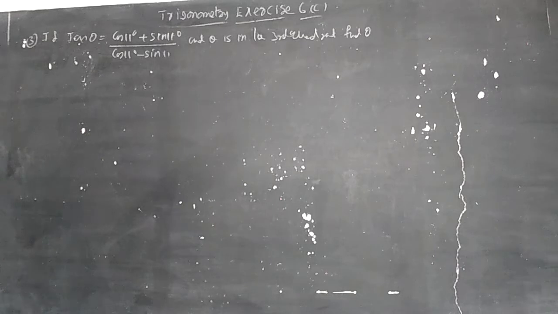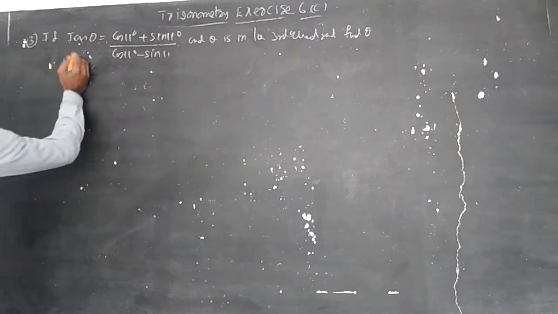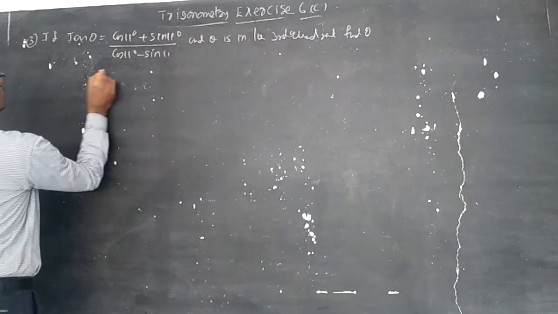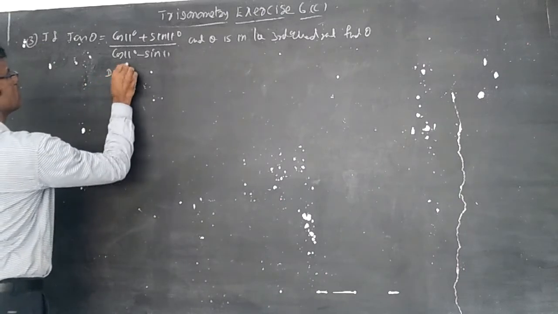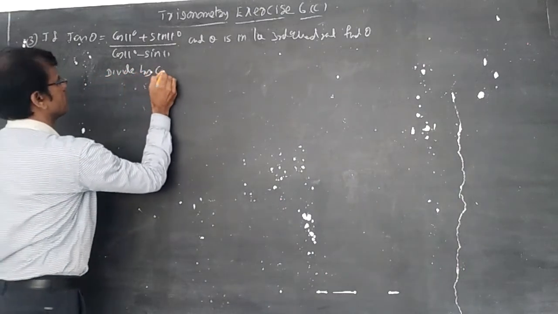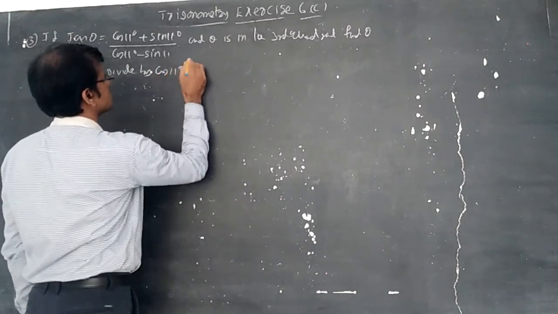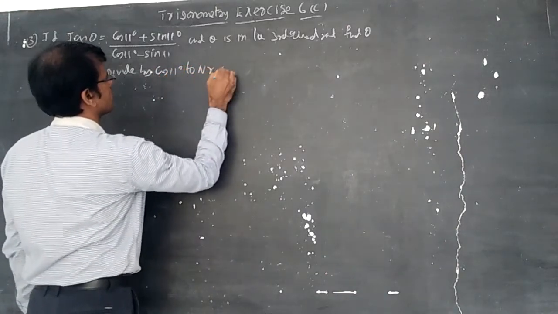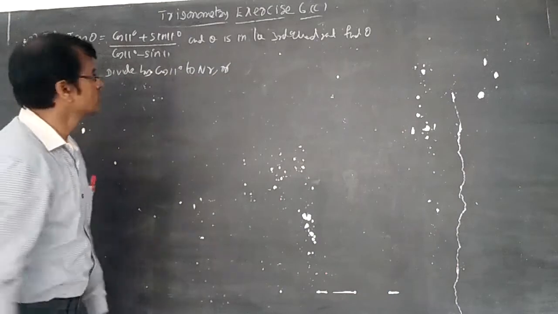Generally, here is the tan A plus tan B by 1 minus tan A tan B concept. Divide by cos 11 degrees in numerator and denominator.